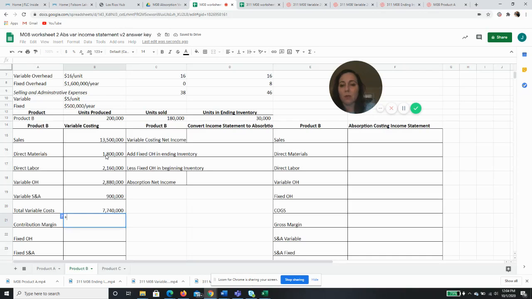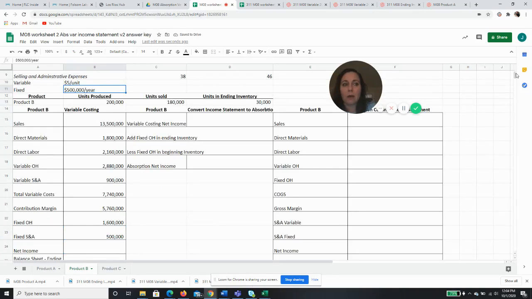We calculate our contribution margin by taking our sales of 13,500,000, subtracting our variable costs of 7,740,000, and you get a contribution margin of 5,760,000. Our fixed overhead for variable is the entire amount of fixed overhead, so 1.6 million. And our fixed S&A is 500,000.